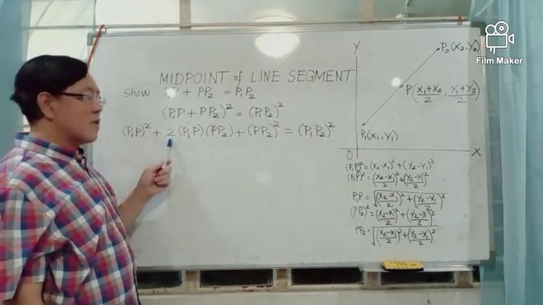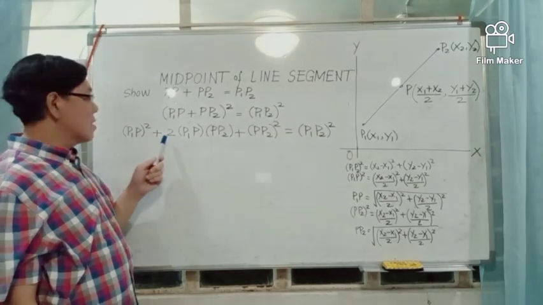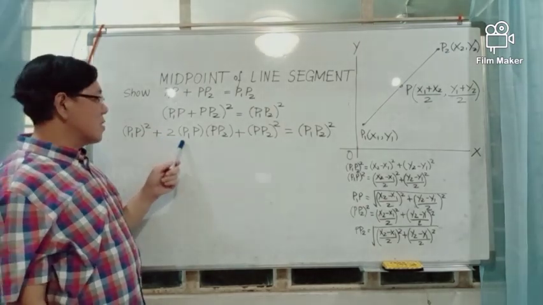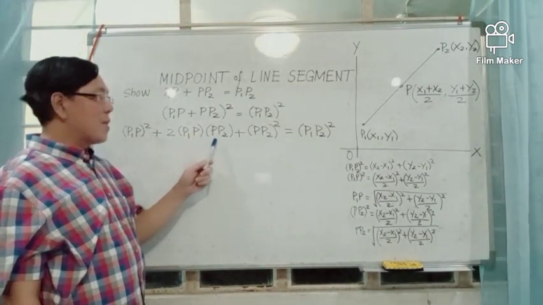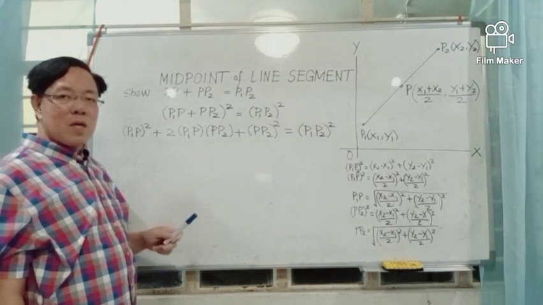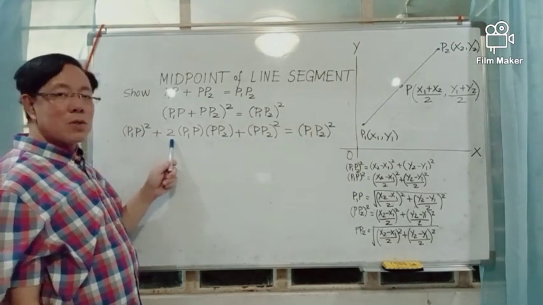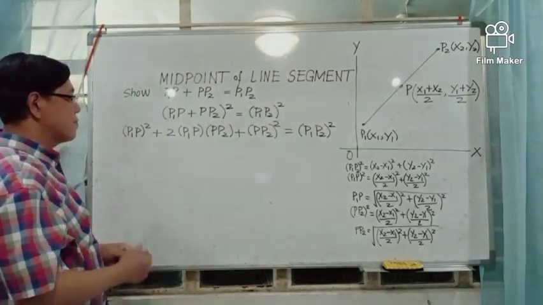I will get first the product of 2, the distance between P1 and P, and the distance between P and P2, and we will substitute the value that we obtain into the second term. So we start with the second term.